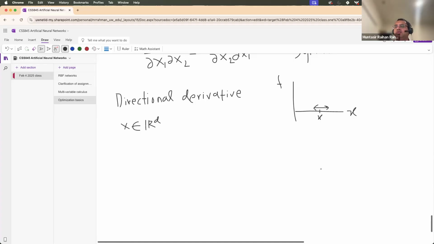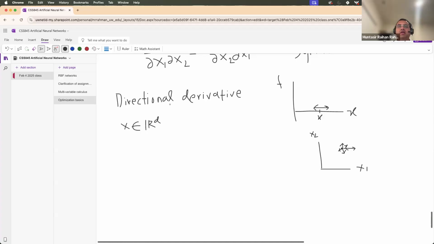If I have a 2D function where I have two parameters, and let's say x is a point here, then I can change x1 and x2, where I move a little bit in this direction. I can move in this direction. I can move in this direction. I have a lot of possibilities, right? I can move in this direction.